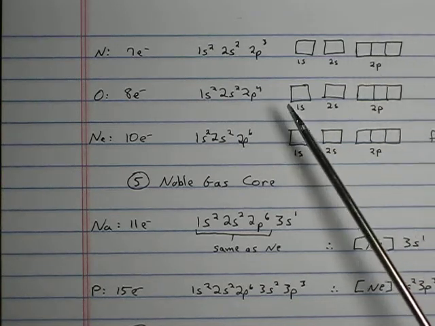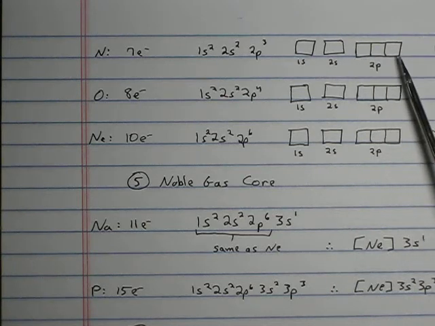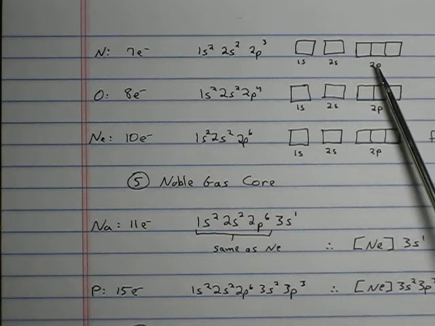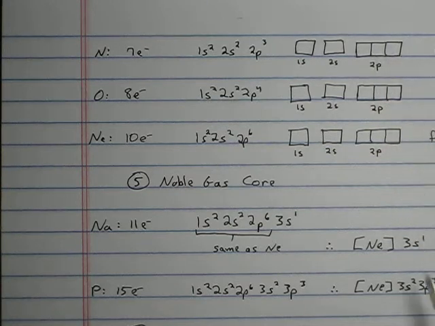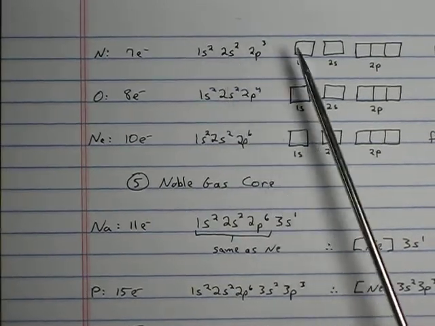There are 3 of them all at the same energy, so we always draw those 3. But what that means is they can fit 6 electrons total: 2 here, 2 here, 2 here. The p block of orbitals can fit 6 electrons. S orbitals can only fit 2 electrons.